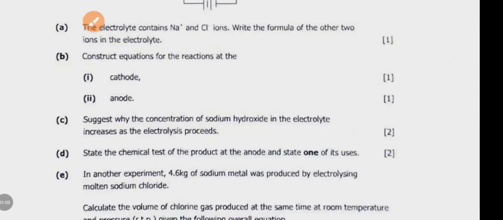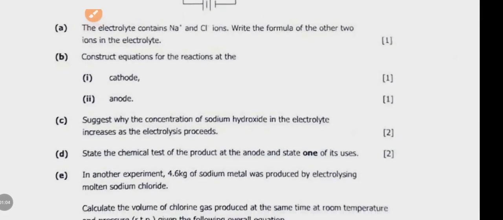Then the second part of the question says to state one of its uses. One of the uses of chlorine gas is that it is used in sterilizing drinking water, because chlorine gas is able to kill microorganisms such as bacteria, thereby ensuring that the water is safe for drinking.